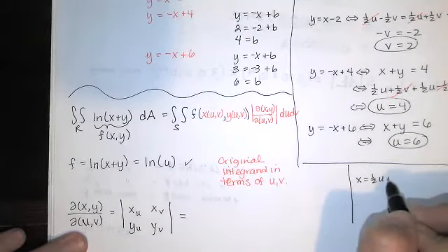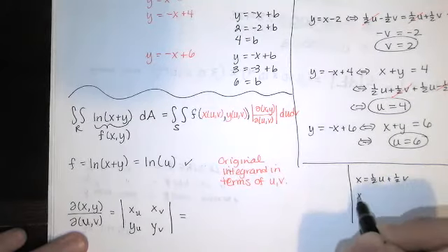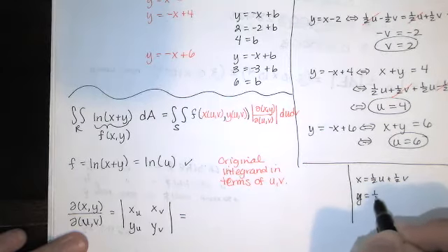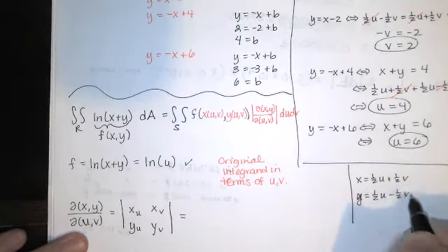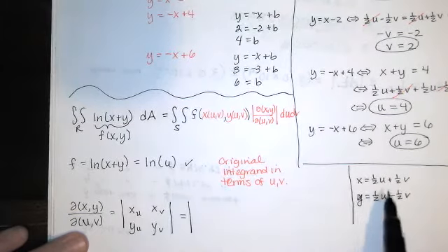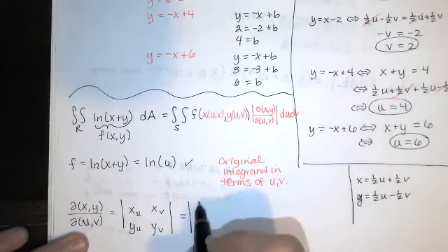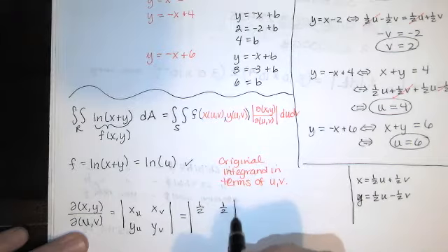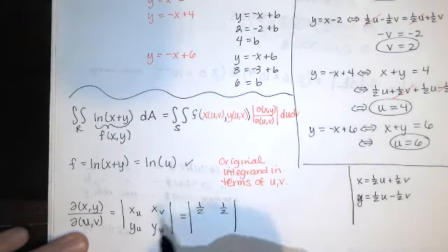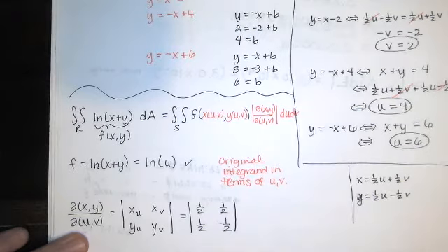That was 1/2 u plus 1/2 v for x, and y was 1/2 u minus 1/2 v. So the derivatives of x with respect to u and v are 1/2 and 1/2. The derivatives of y with respect to u and v are 1/2 and -1/2 respectively.